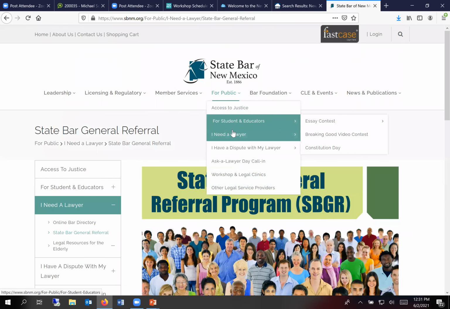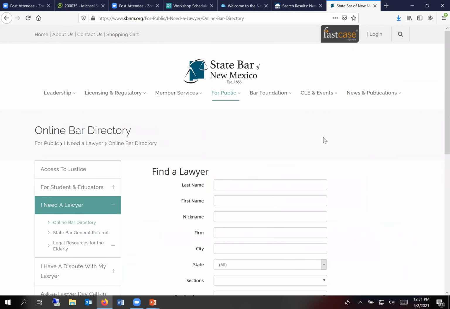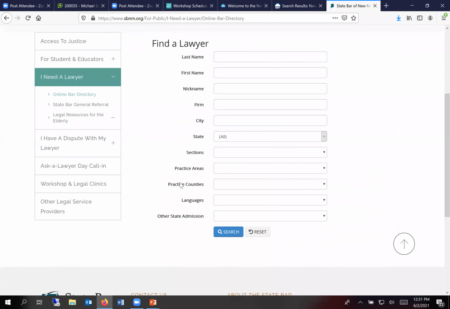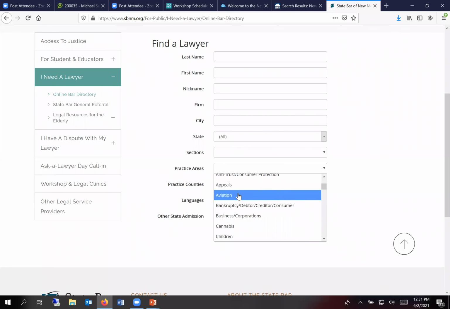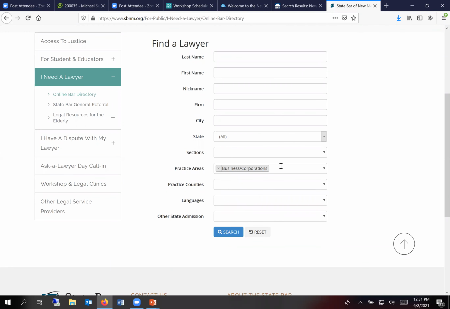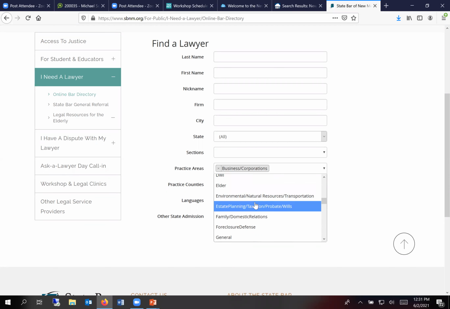Let me go back to for the public. And let me show you the online bench and bar directory. So if you're looking for a lawyer in a certain practice area, this is the database that will help you with that. So I like to go to practice areas. Some of the common ones you might need as a business owner are the bankruptcy ones, the business corporations, estate planning, probate.